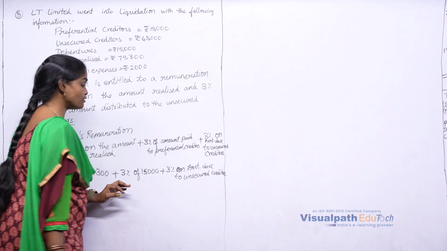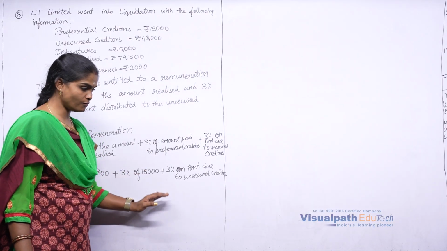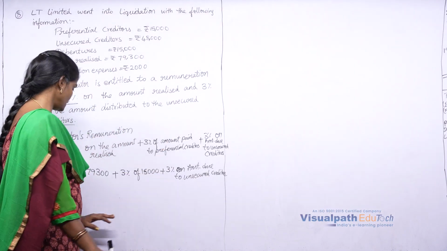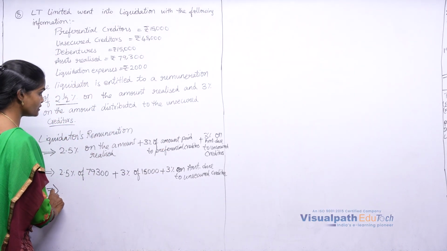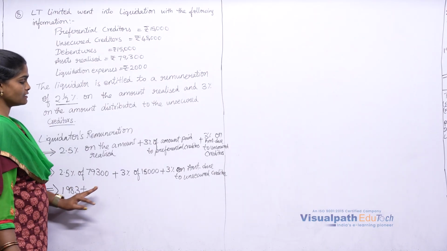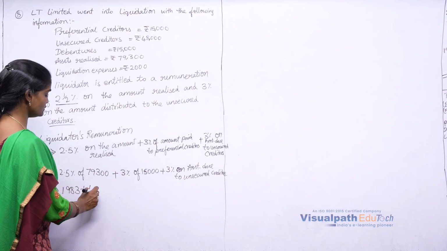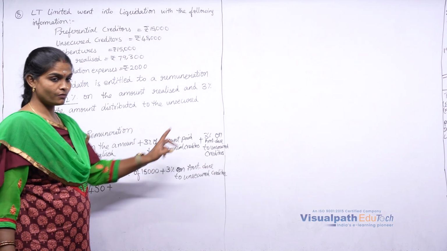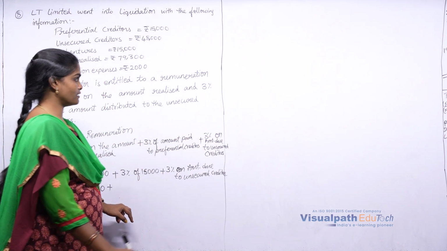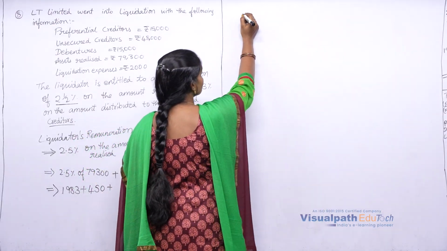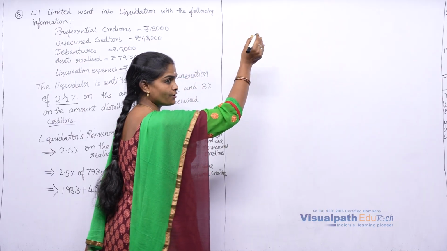First, we have to find out whether the company is solvent enough to pay to unsecured creditors or not. Clear? So, 2.5% of 79,300 is 1,983 plus 3% of 15,000 is 450 and plus, hold on, after doing the working notes, we will calculate this. Clear? First, let us check whether the company is solvent to pay to unsecured creditors.